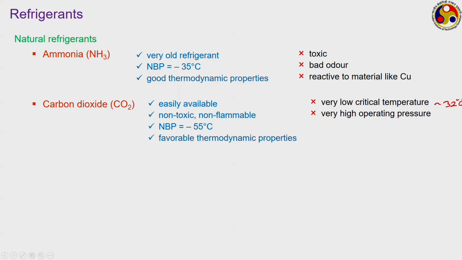Similarly, it has very high operating pressure, because the triple point pressure for carbon dioxide is about 5 bar. So, we have to operate at a pressure level above this in order to have the liquid phase of the carbon dioxide. Remember, below the triple point pressure we can't have the liquid phase. So, we have to work above this pressure level.